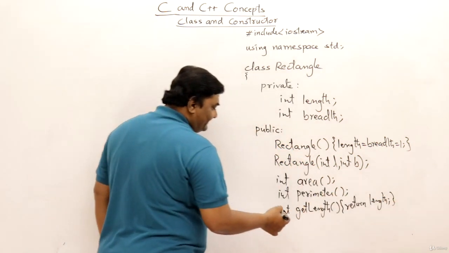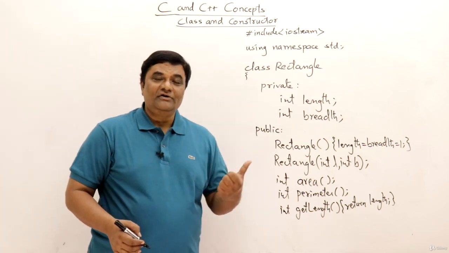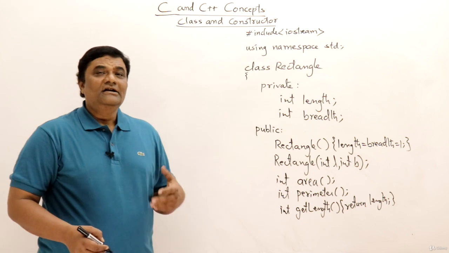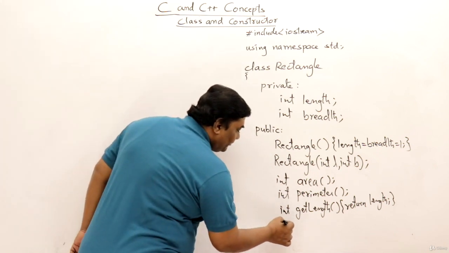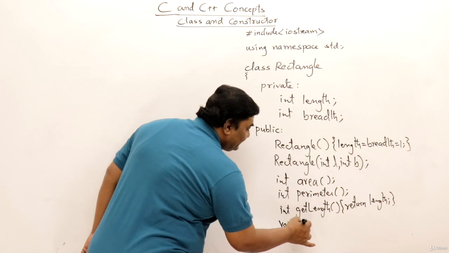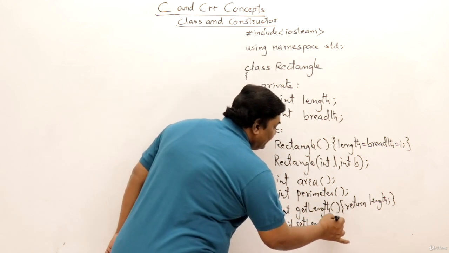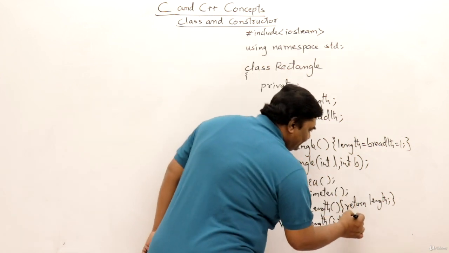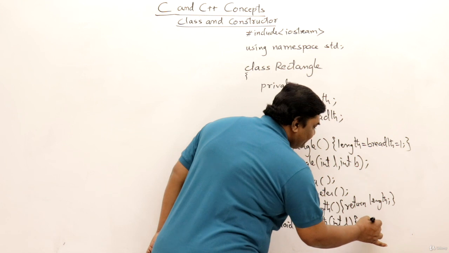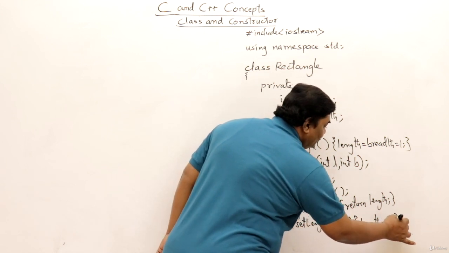Then the next is setLength, to change the length. In the previous video I was calling it changeLength, now call it setLength. Void setLength function should change the length to a new given length. Directly I will write in a single line because it has to just change the length. I am changing length, assign L.